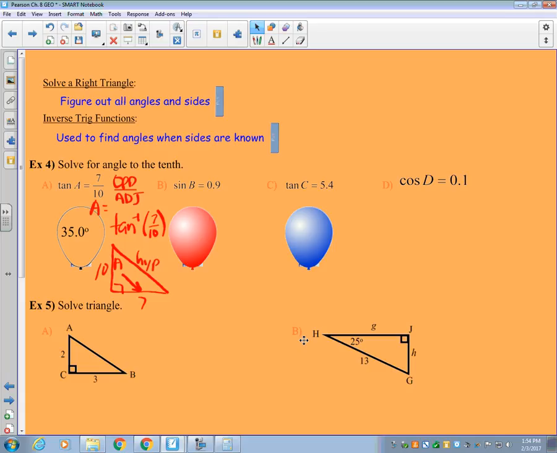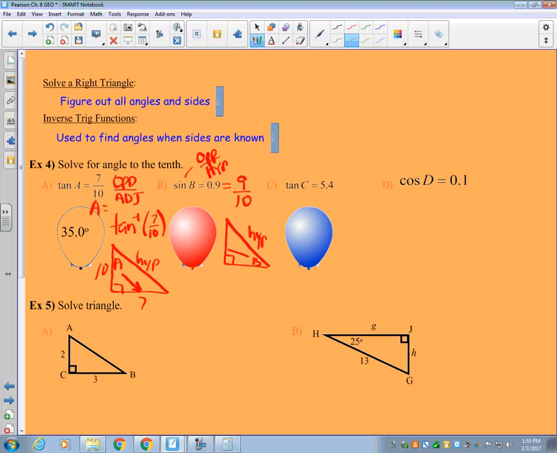All right, so the next problem that we're doing is the sine of B. I'm going to draw you one more picture just to show you that it's not a crazy triangle. So this is like 9 over 10. So the sine of B, so let's make B over here. That's our hypotenuse. So sine is opposite over hypotenuse.